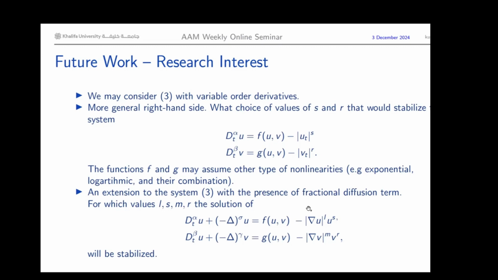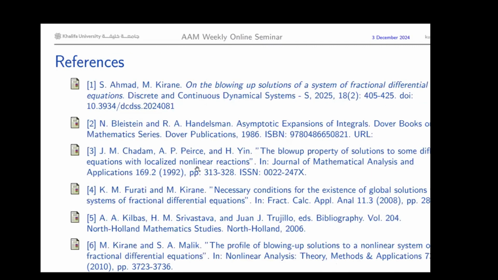So by subtracting this one, again making it more powerful by multiplying by u to the power of s, v to the power of r, what values of L, S, and R will stabilize the system? Also, I can put this ut here and then multiply by ut, so all of this is a possible future direction.